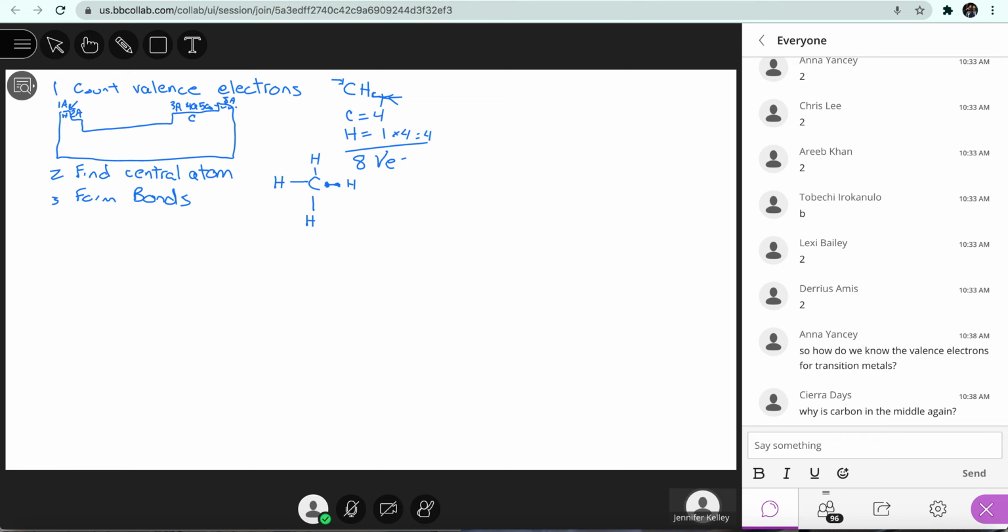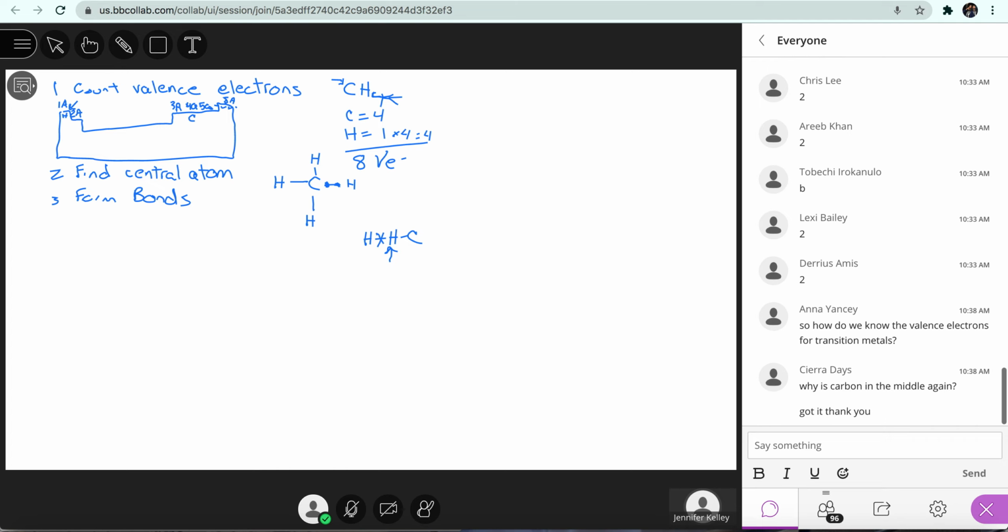Carbon's in the middle in this case because hydrogen can't have more than 1 bond, but carbon can. So for example, it couldn't go like this, because this hydrogen has too many bonds. So it can only form 1 of those bonds. So the hydrogens can't be in the middle here.